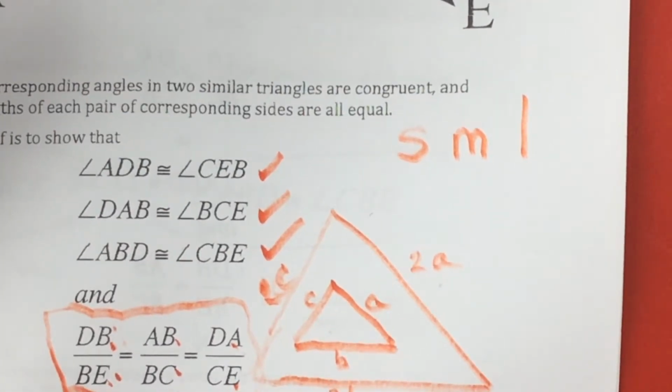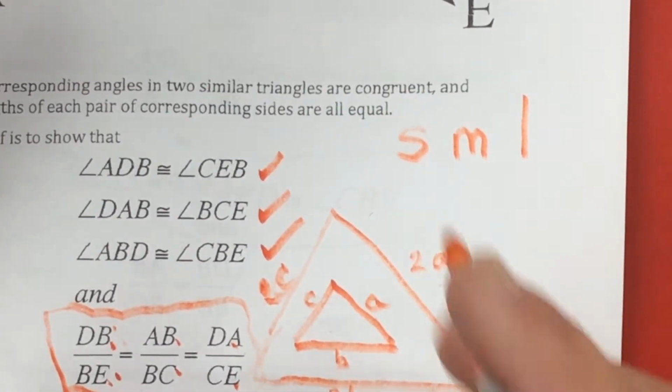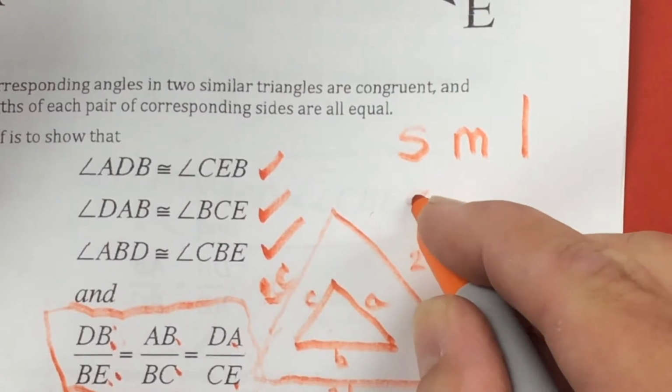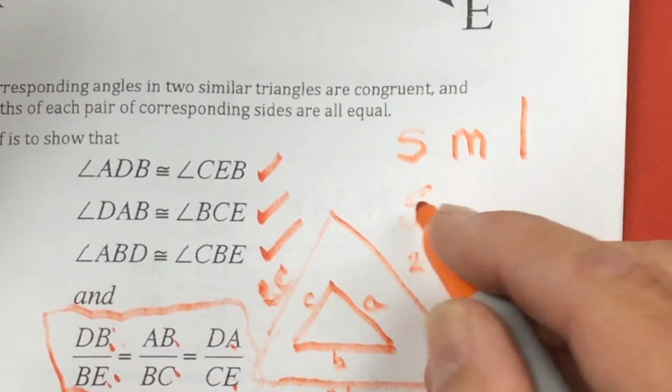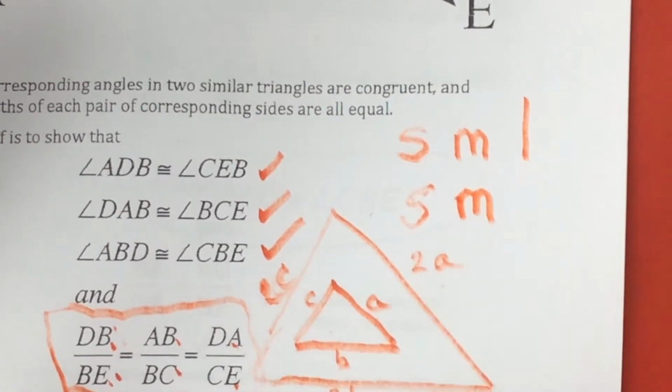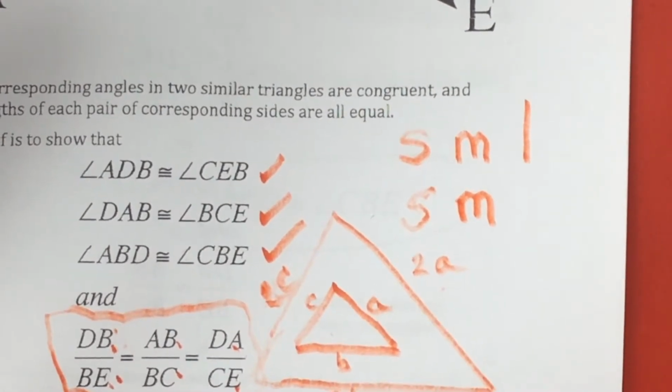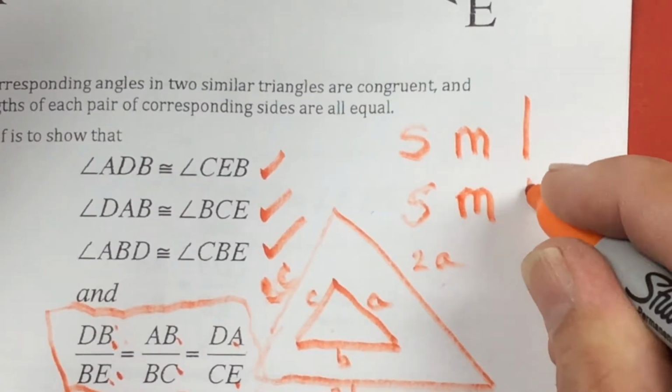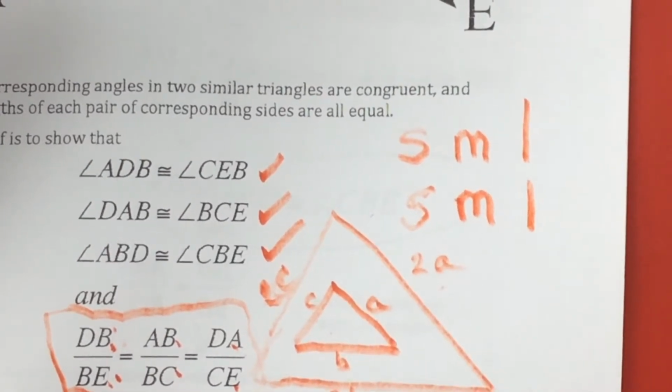If you take the small side of one triangle and compare it to the small side of the other triangle, take the medium side of one triangle, compare it to the medium side of the other triangle, and take the large side of one triangle and compare it to the large side of the other.